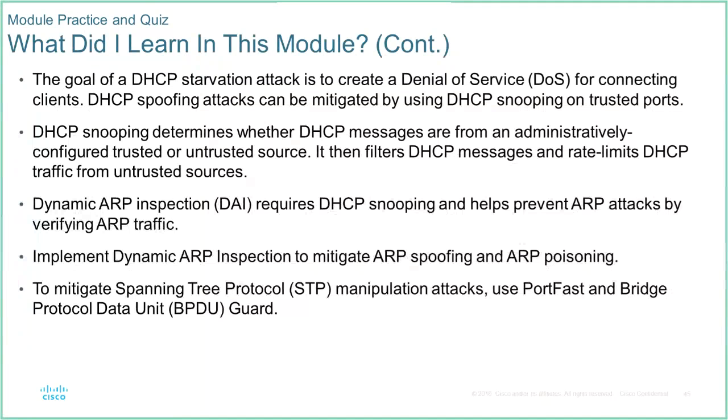So that way, if somebody plugs in a rogue switch, it would automatically error disable the port so that they cannot create a switching loop, which is bad for broadcast storms. So we can protect our switching fabric from excessive traffic being generated with no way of stopping it.